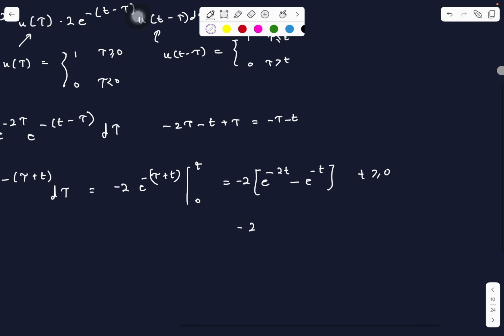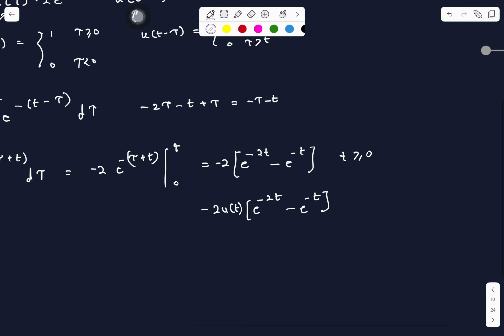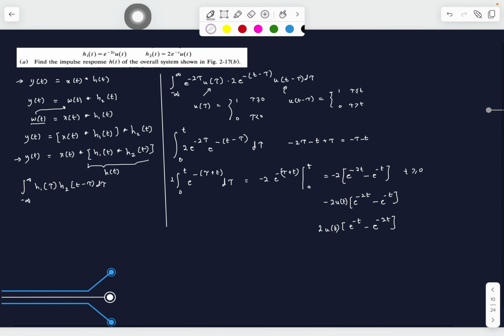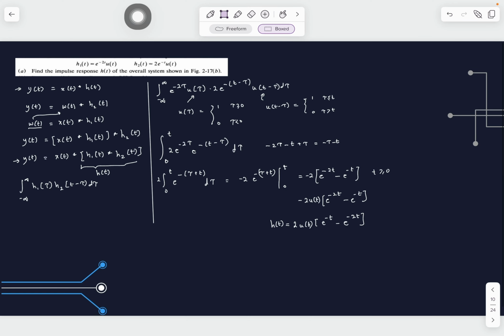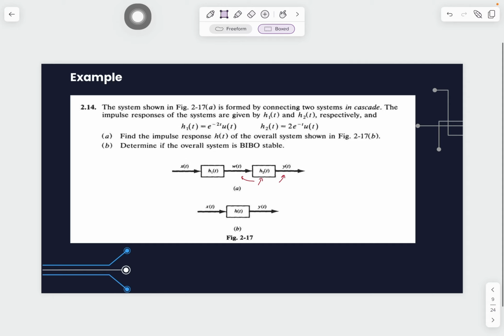Or we can also say minus 2 exponent negative 2t minus exponent negative t times u of t. And let's rewrite it: 2 exponent negative t minus exponent negative 2t times u of t. So this is the result, and this is h of t. Okay, so let's do letter B.